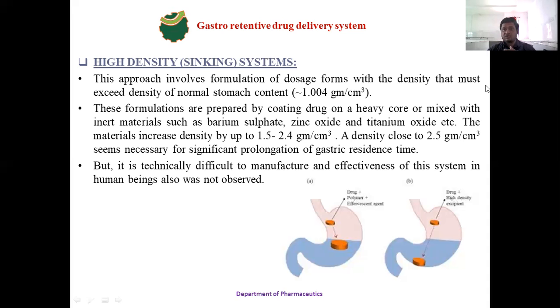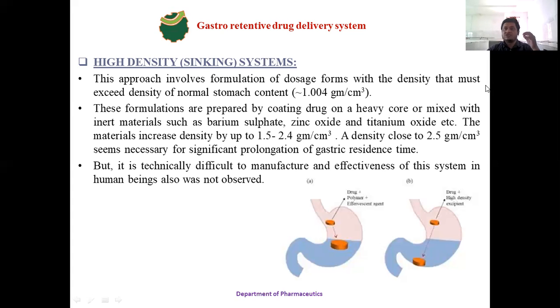This is an effervescent system. Now coming to the second one, it is called the non-effervescent system. That is also a floating type, but we are not using any effervescent components. Other than that, we are using various methods by which the dosage form will float on the GI fluid or in the stomach. For example, preparing sodium alginate or calcium alginate beads. Alginate beads are one type.